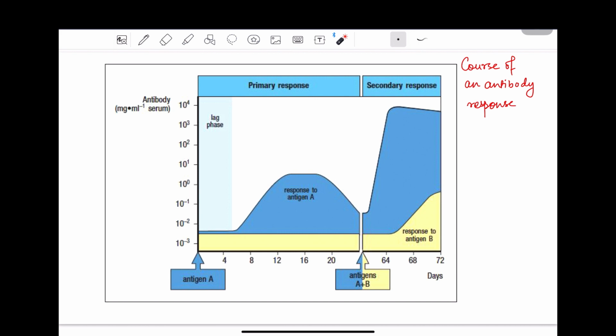So if we inject antigen A in an organism, that organism will not immediately activate its adaptive immune response.